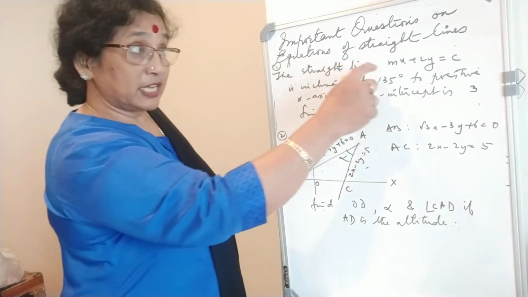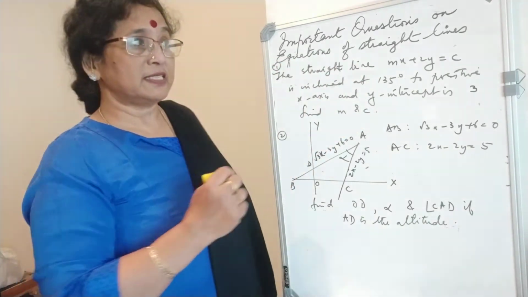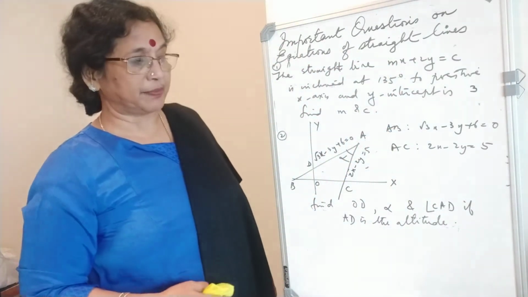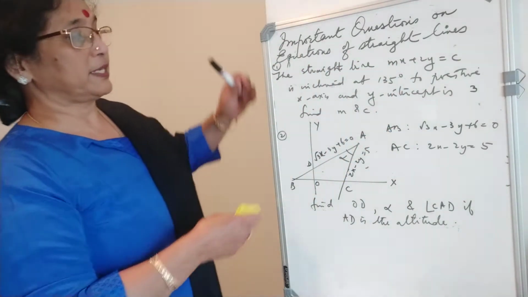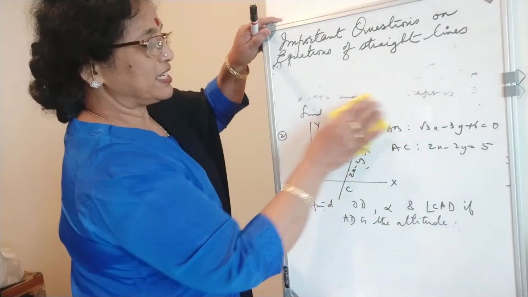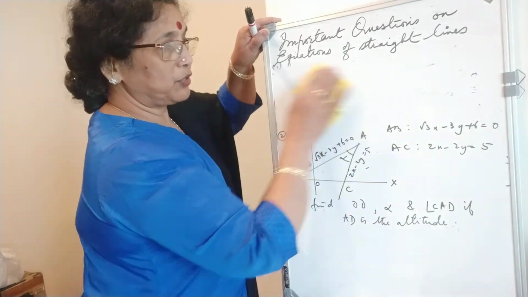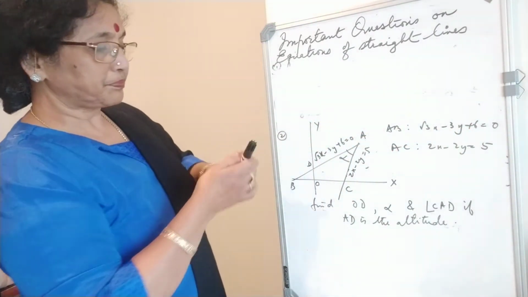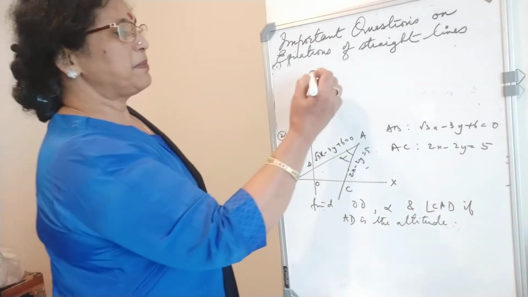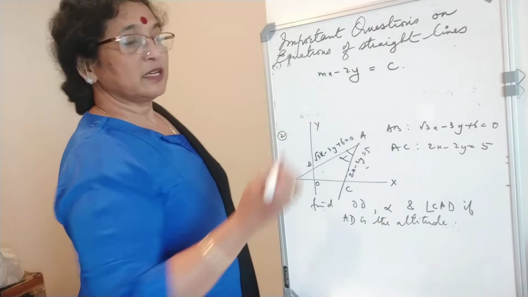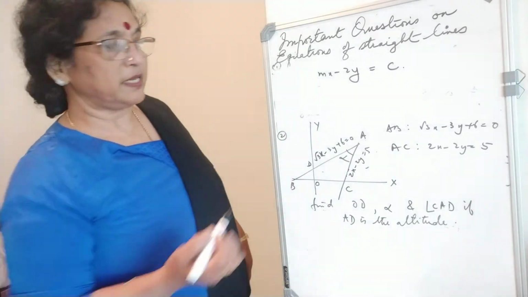M in this equation is not the slope. C in this equation is not the y-intercept. So how do we do it? I am rubbing this part because the second question is an interesting one which I am going to tell you. So here in this question I gave you mx minus 2y = c, and asked what m and c are.